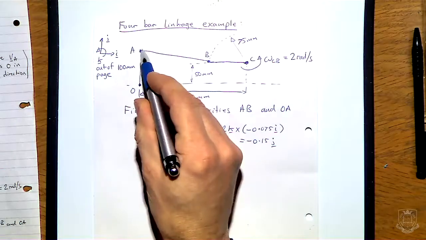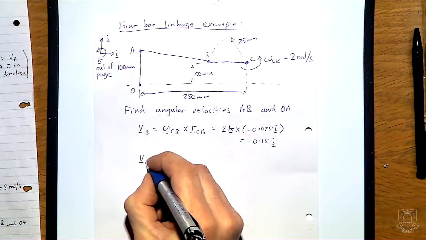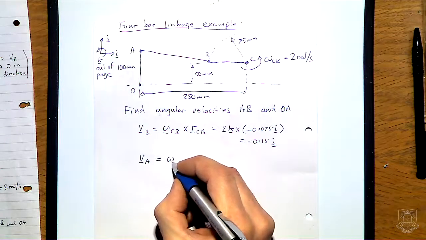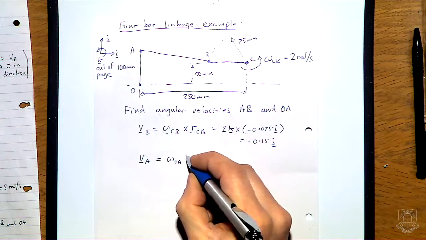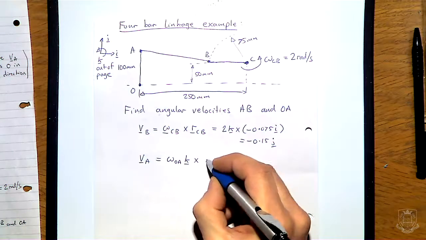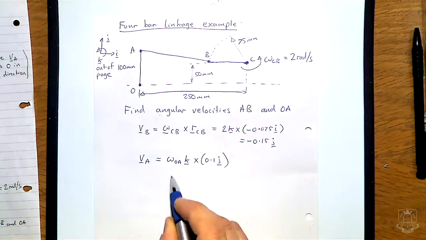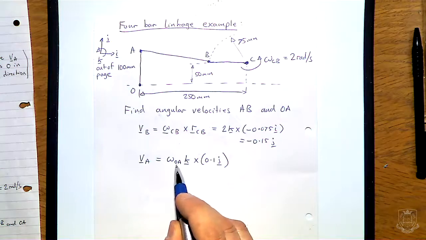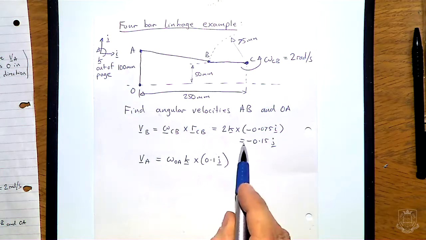I can do the same for the point A, the velocity at A. That's equal to omega OA, which we don't know at the moment, times K crossed with 0.1 J. Okay, so I'm forming my vector here again, just because we're getting used to this going slightly faster, so instead of writing this down, I'm just going straight to this step.